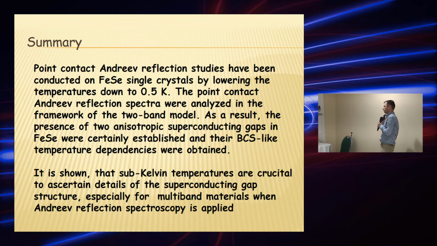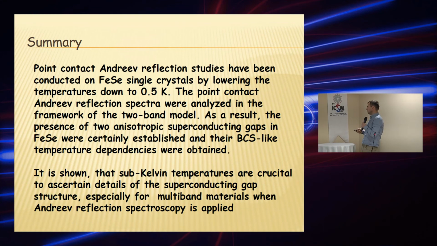And what is most important to this talk, we show that sub-Kelvin temperatures are crucial to certain details of superconducting gap structure, especially for multi-band materials when Andreev reflection spectroscopy is applied.